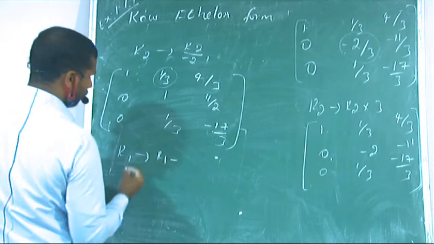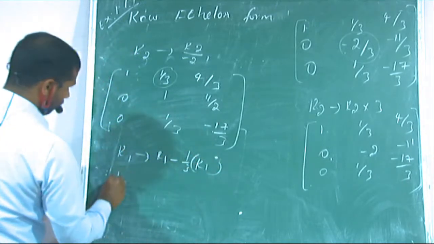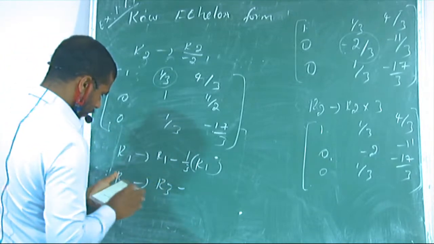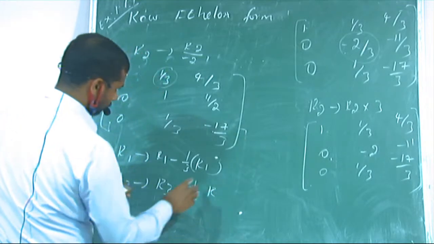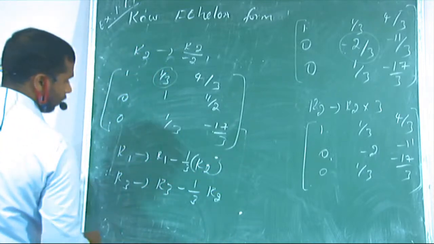R1 gives R1 minus 1 by 3 into R2. Next time R3 gives R3 minus 1 by 3 into R2. Okay, now we can check it.